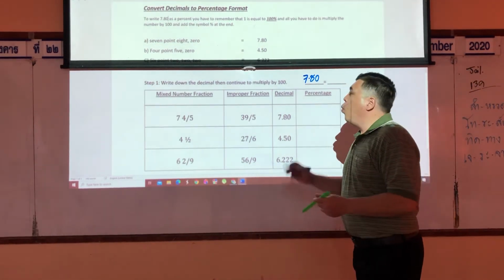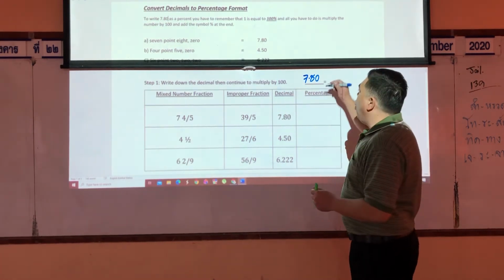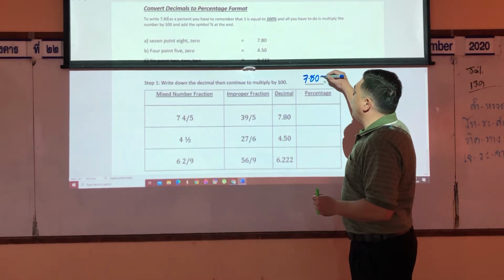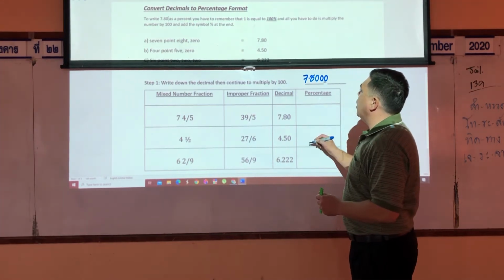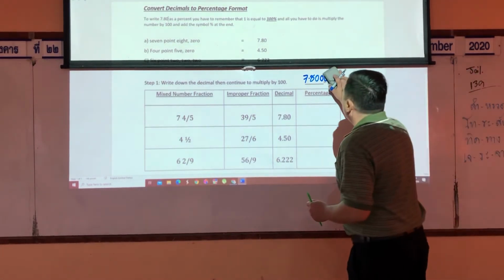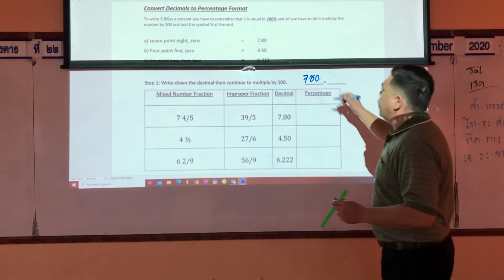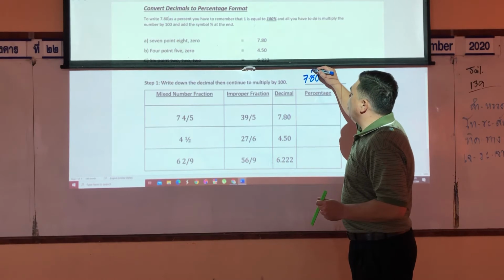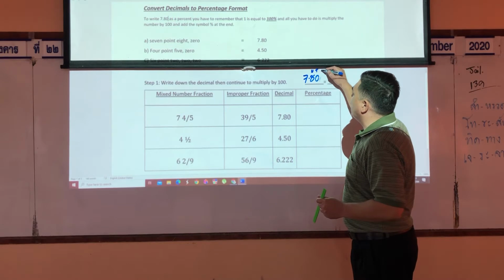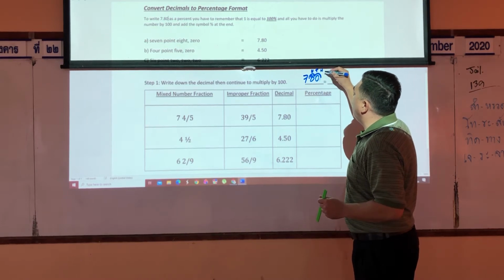But what we're going to do is just use our decimal point, and move it past the unit mark, the 10 mark, so 1, 2, and we move it into the 100 mark.